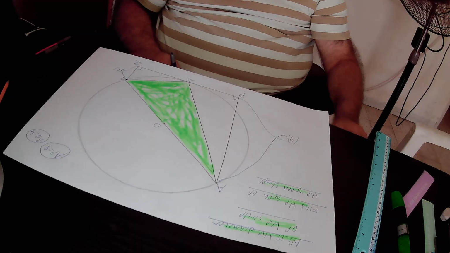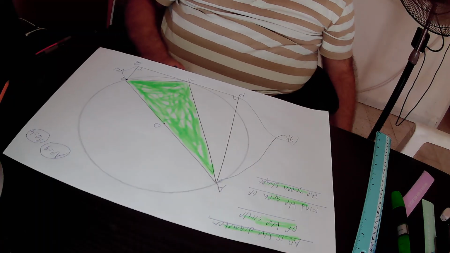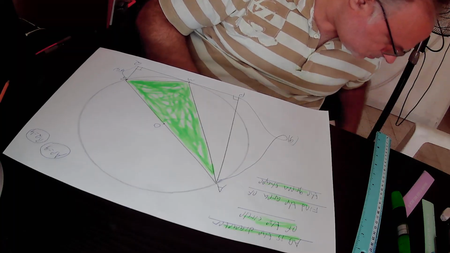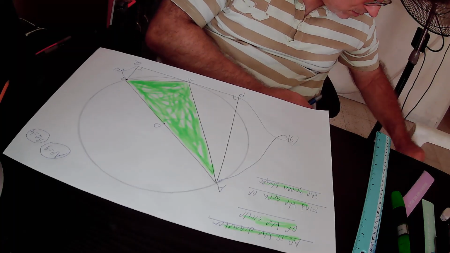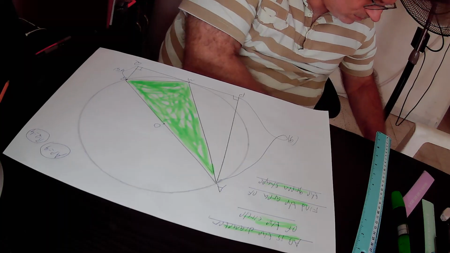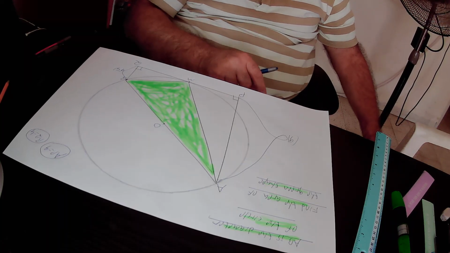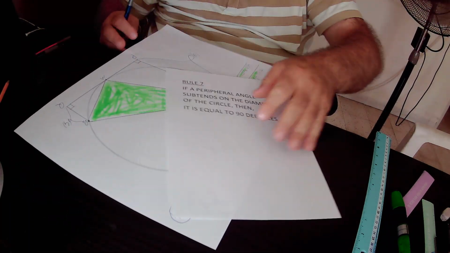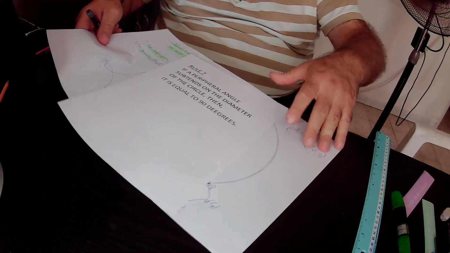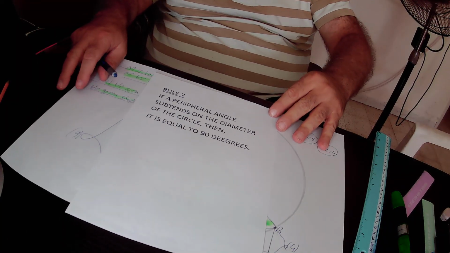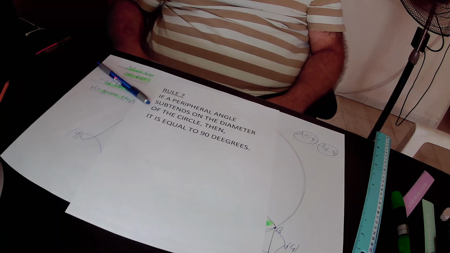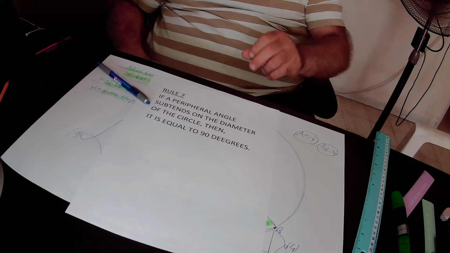Here we can implement rule 7. According to rule 7, if a peripheral angle subtends the diameter of the circle, then it is equal to 90 degrees in size.